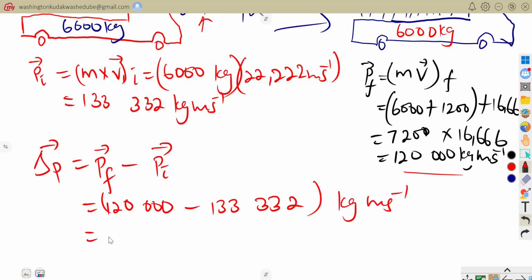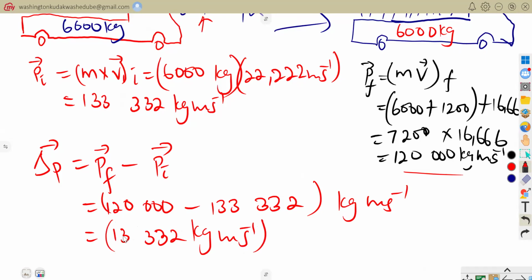So the value that I find there is 13,332 kg meters per second. Definitely it will be a negative.